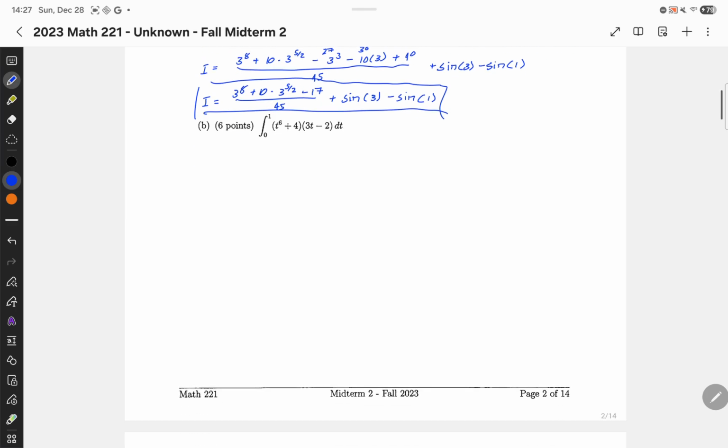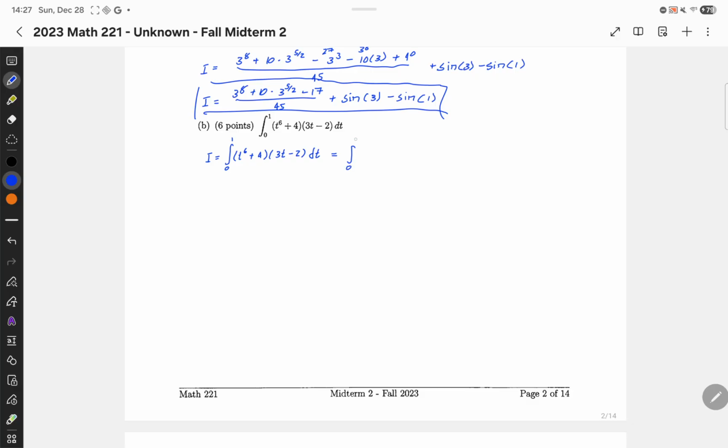For part B, we have, I'll call it I again, the integral from 0 to 1 of t to the 6th plus 4 times 3t minus 2. For this one, I think the easiest way to approach it is to just distribute these two parentheses terms, I suppose.